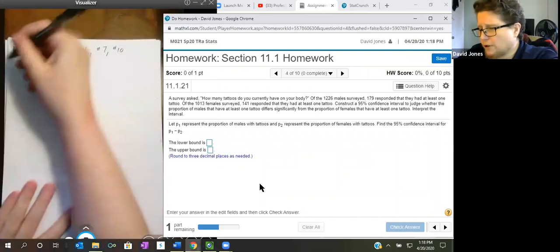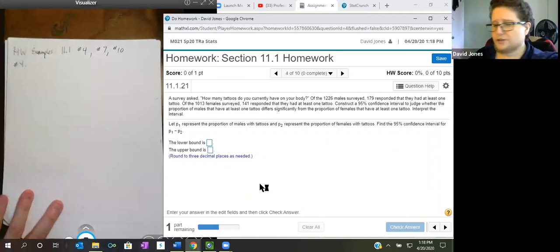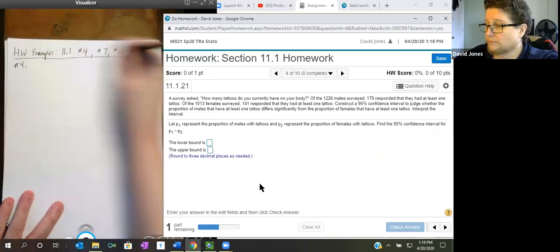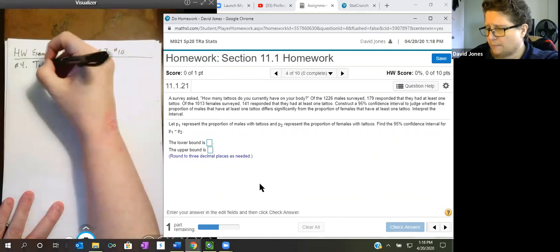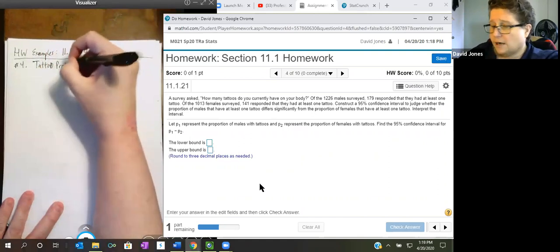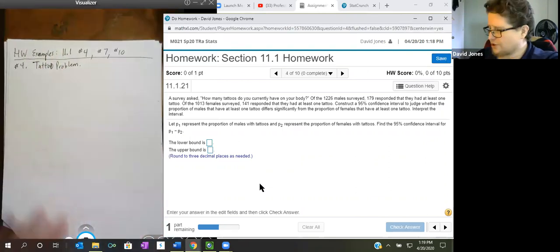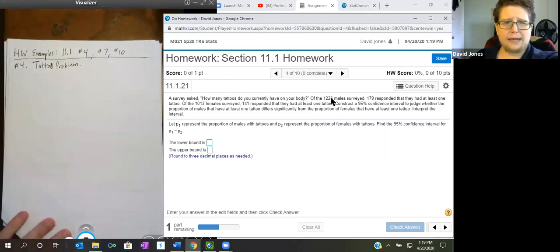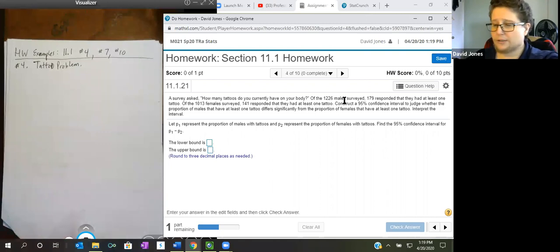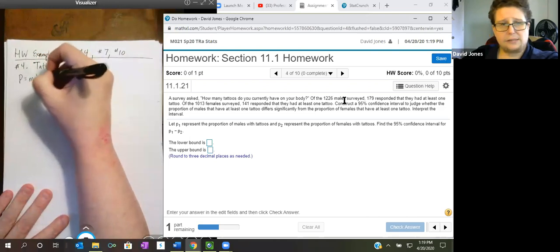So number 4, how many tattoos do you, so this is a tattoo problem. I'm not going to copy down the problem. We already did that. Let's just discuss what they've got. It looks like a survey asked how many tattoos do you currently have on your body. Of the 1,226 males, it looks like one of the populations is males.